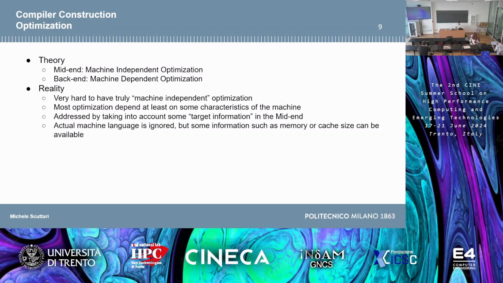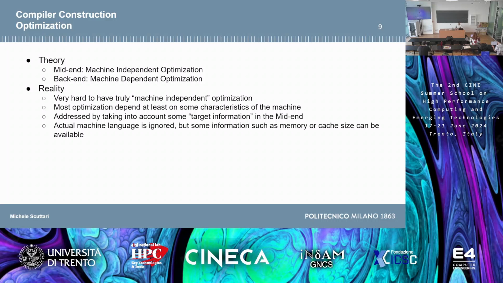Well, typically the amount of information that you need from the target is relatively small. You can build a parametric front end that takes a target information data structure as the parameter, and it typically contains data such as the size of int, the natural size of int, and so on.